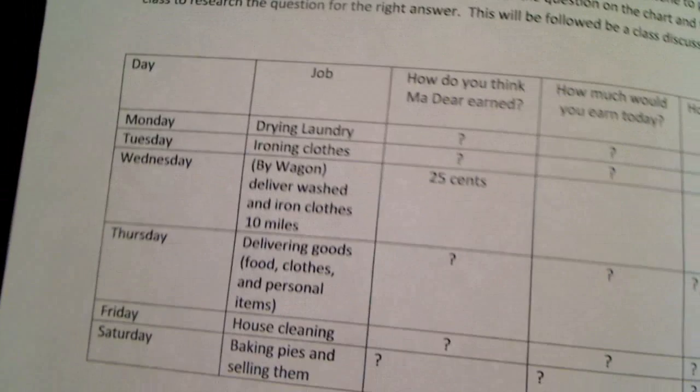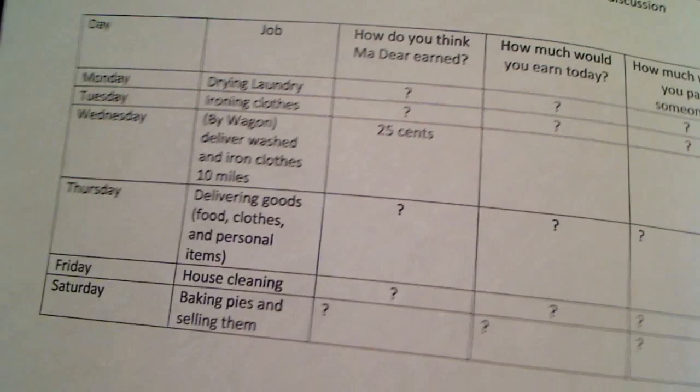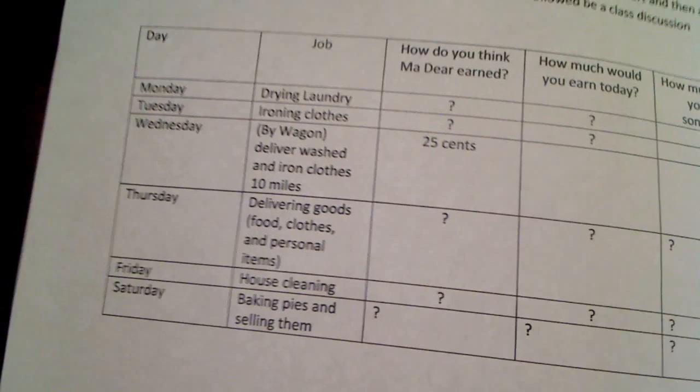I would have the students, directly after reading this story, fill out this chart. As you can see, it lists the days of the week, and then it's going to list every job that the main character had performed.